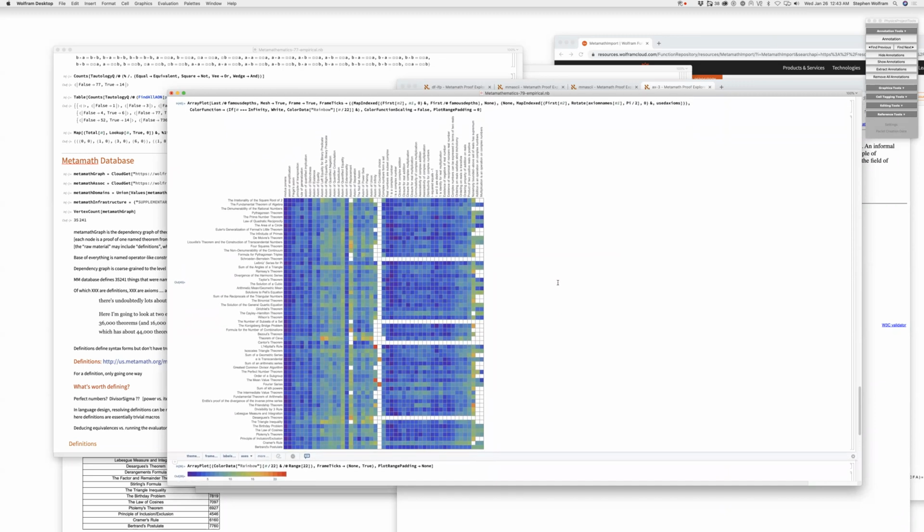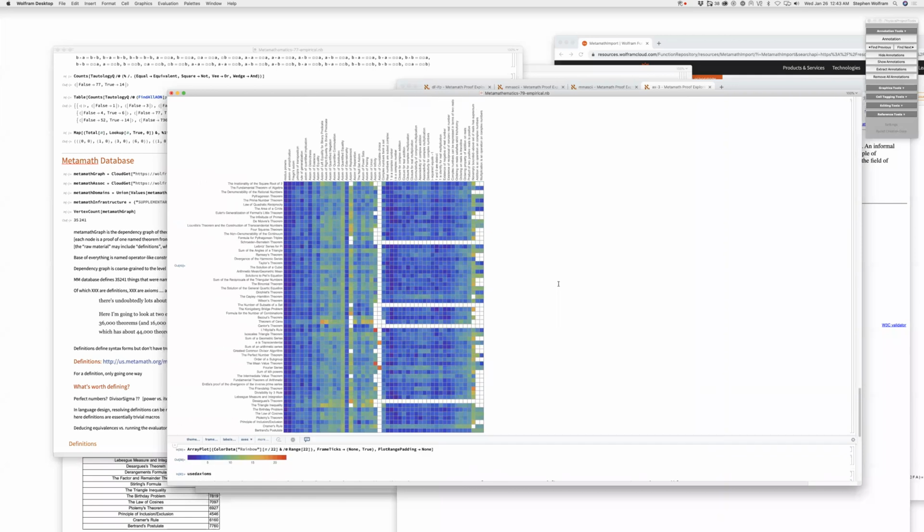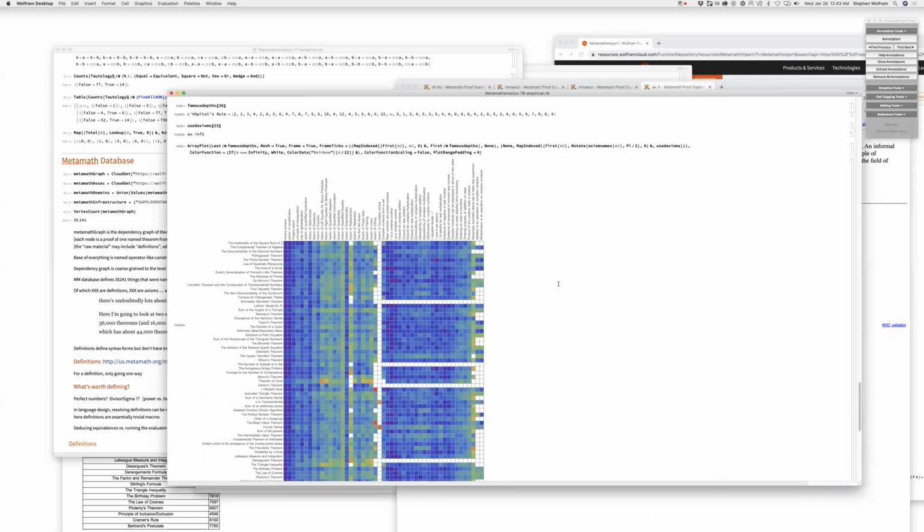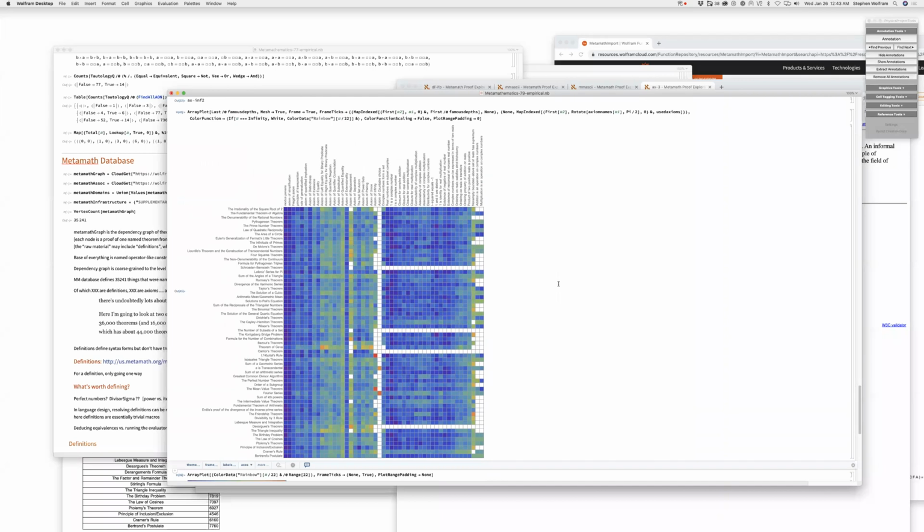Okay, so we could do a little bit of editing on this, but this is fundamentally a very nice thing. Did you want to do another one for a number of times that the axiom is used?